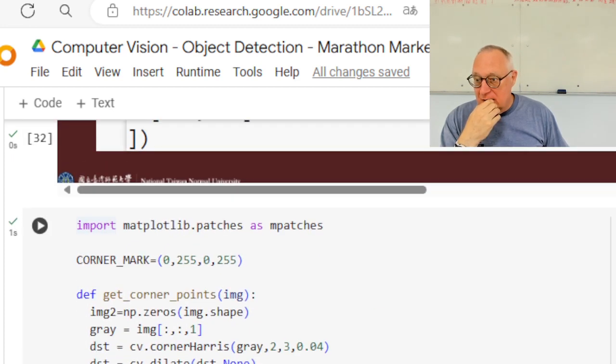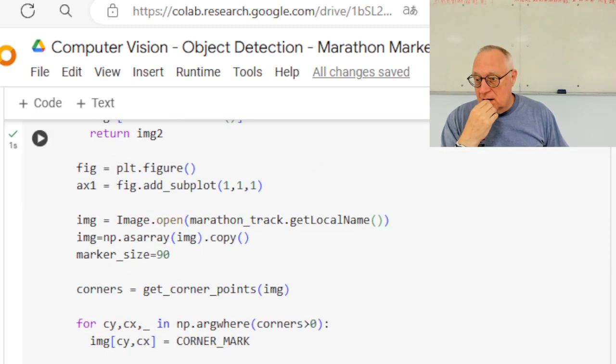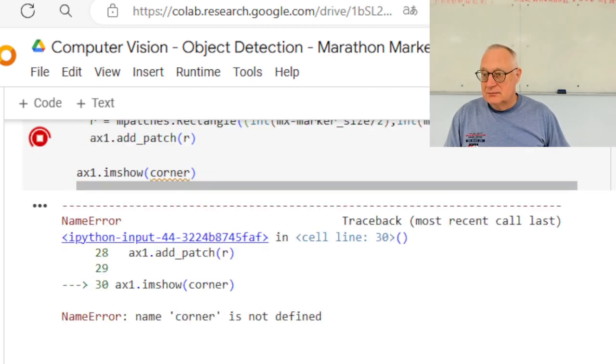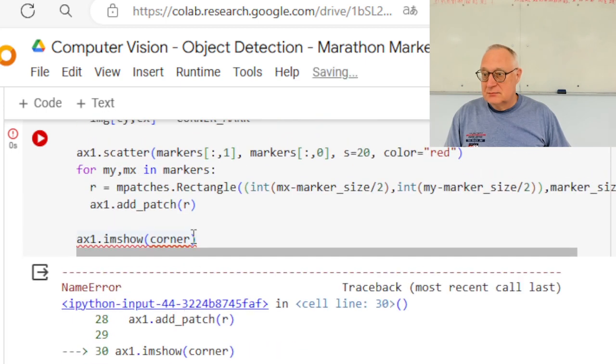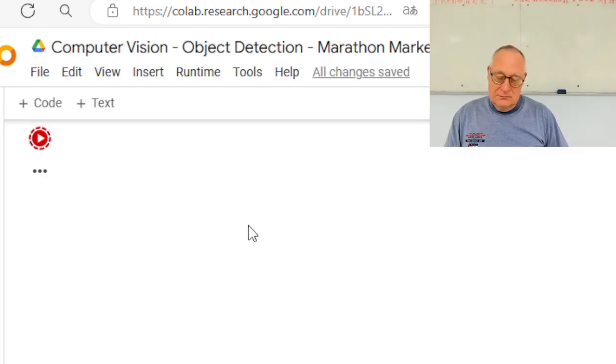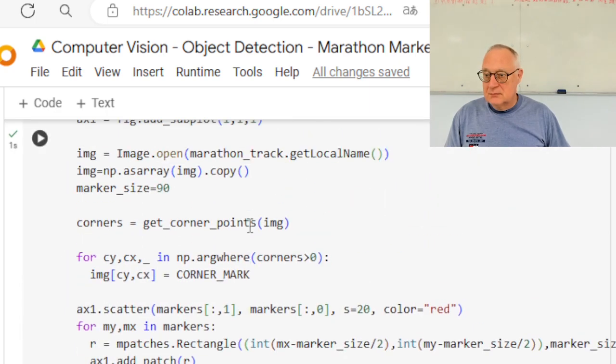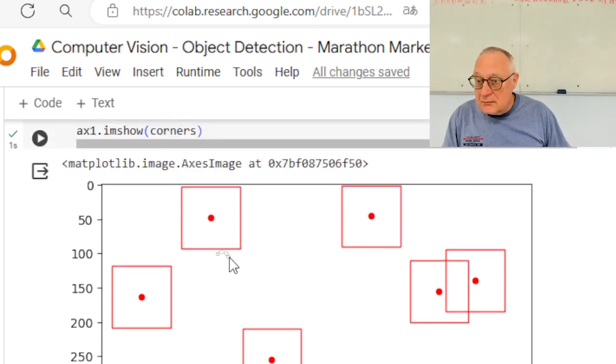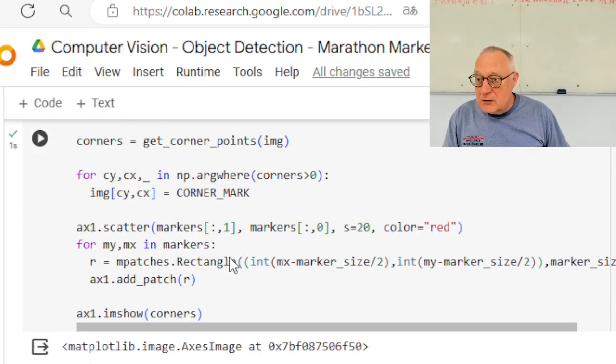So we need to play around with the images. So let's show corners.